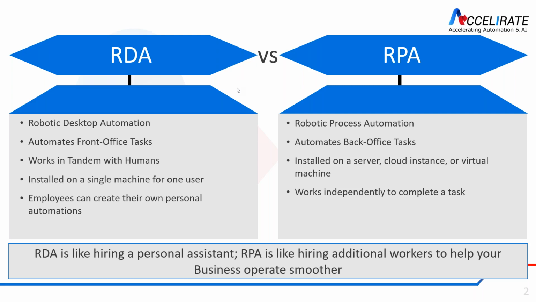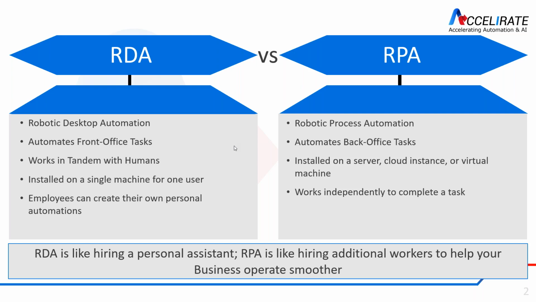The way that they are installed is that an RDA bot is installed on a single machine for a single user, whereas an RPA bot is installed on a server, cloud instance, or virtual machine, and it can go across an organization. So their scope is really going to be one of the biggest differentiators here.